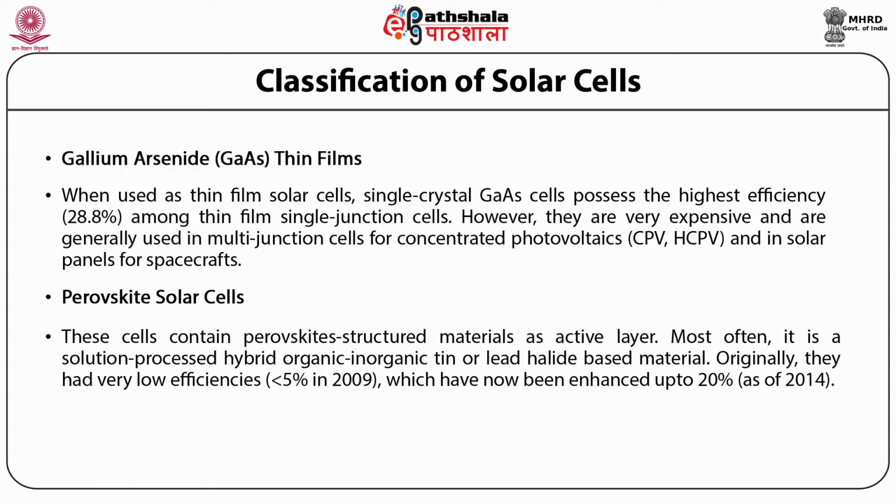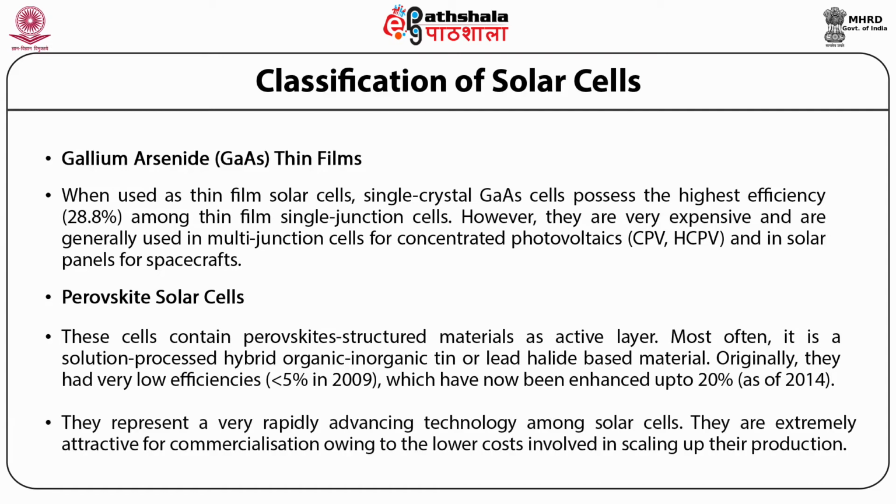Originally, they had very low efficiencies, that is less than 5% in 2009, which are now being enhanced up to 20% as of 2014. They represent a very rapidly advancing technology among solar cells. They are extremely attractive for commercialization owing to the lower costs involved in scaling up their production.